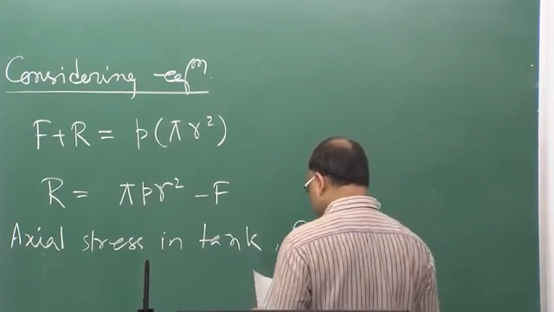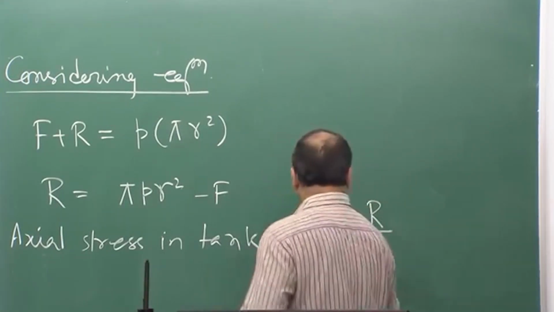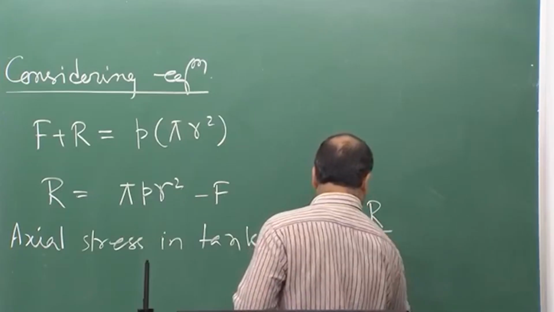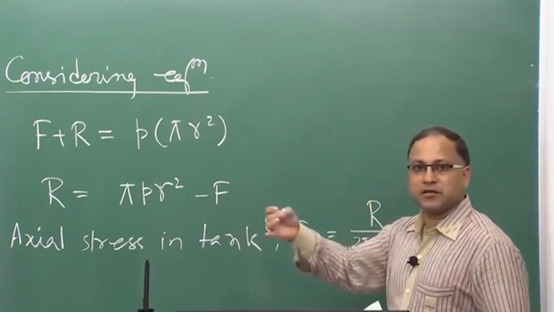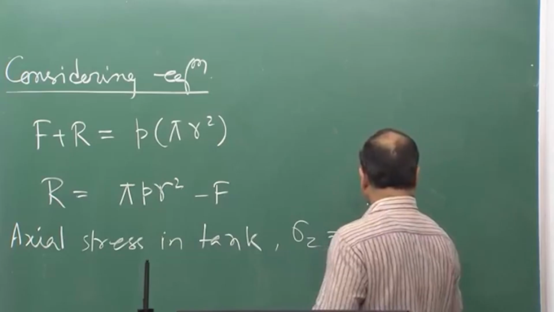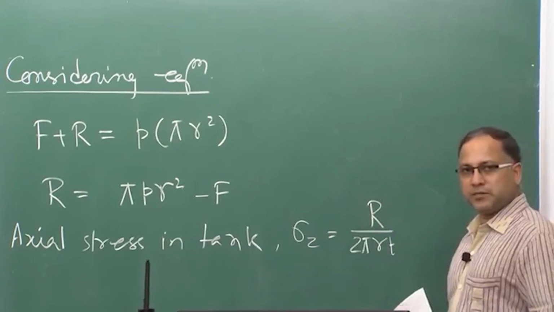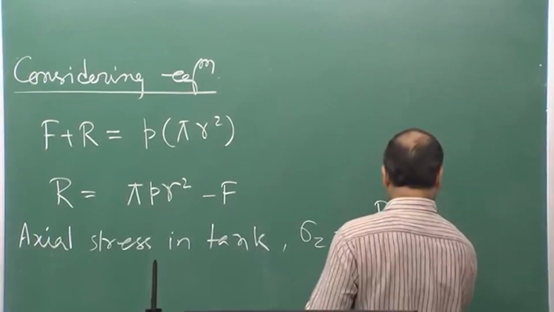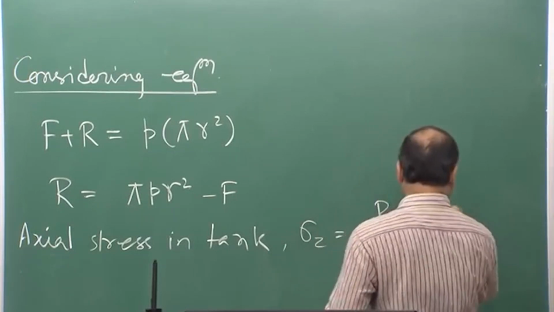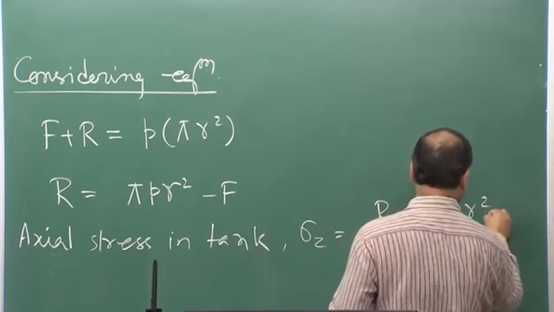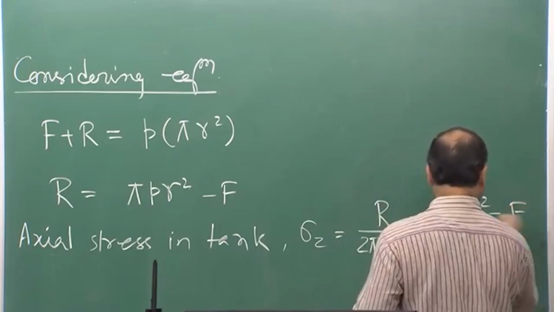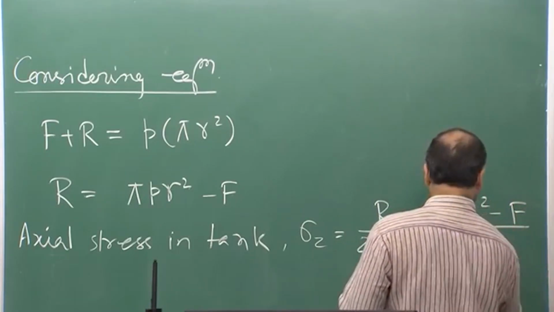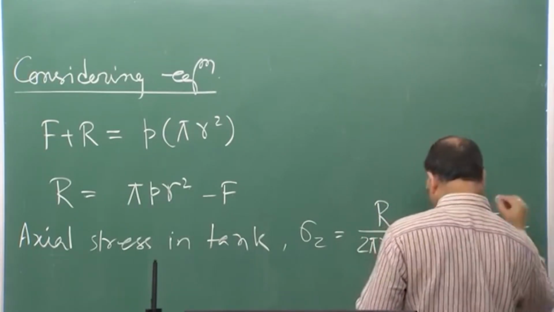Now, what is the area on which R is acting? It is 2 pi r, that is the circumference, multiplied by thickness t, as simple as that. So, by putting this value, sigma z is pi p r square minus F divided by 2 pi r t.